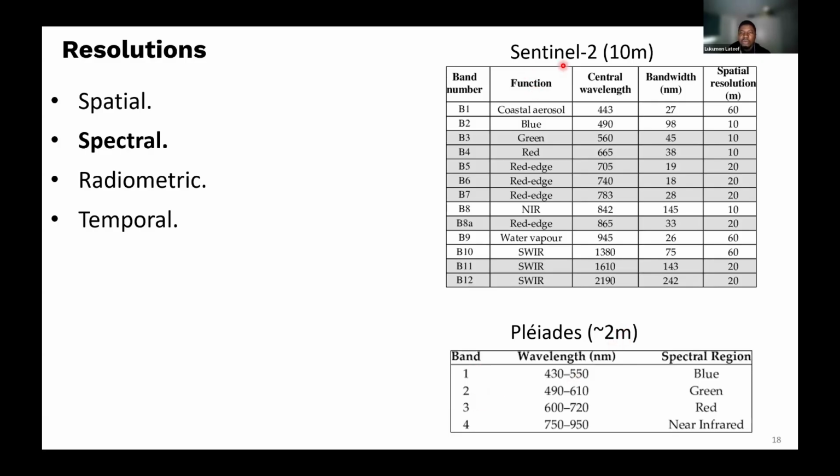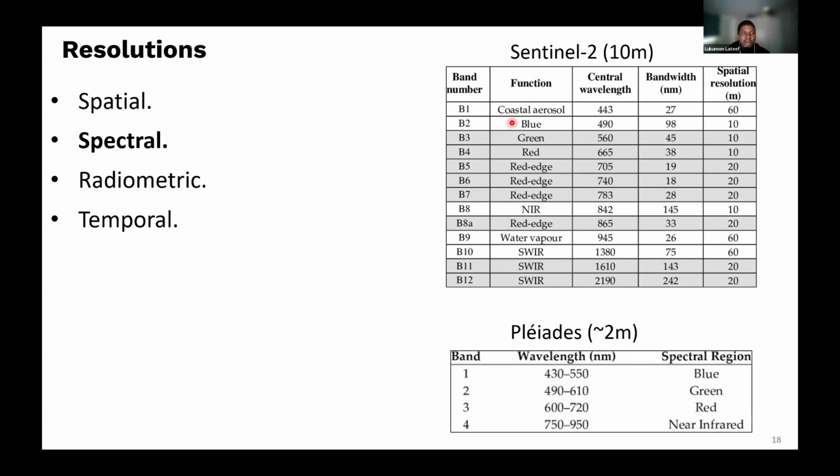But when you look at Sentinel-2, although it's a medium resolution image with a pixel size of 10 meters, it has a lot of spectral bands. And this will be very helpful to distinguish features because, like I've shown in the curve, each feature behaves differently in different parts of the spectrum.